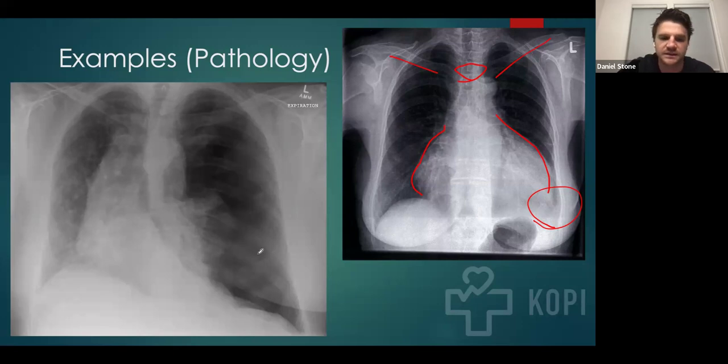On the left, this is an example of a tension pneumothorax. You can see here that the lung fields are pretty clearly made out. It's pretty easy to tell. Immediately, you might think that the patient is rotated because of their trachea, but the trachea and the mediastinum are all deviated away from the tension pneumothorax and the tension created within the chest.